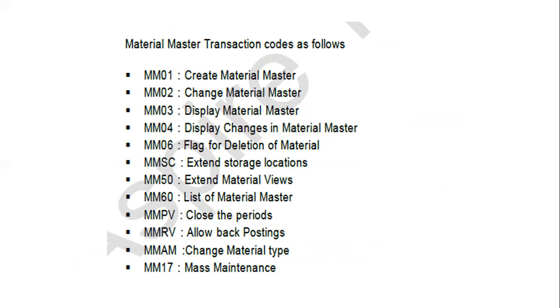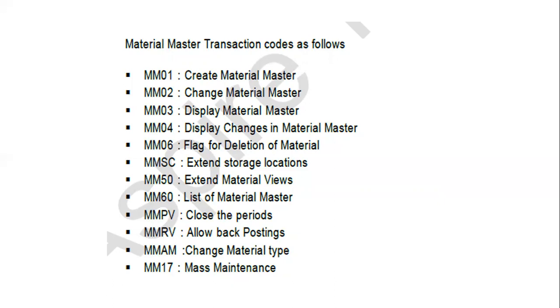We can assign numbers to materials in two ways: external number assignment and internal number assignment. For the creation of number ranges, the path is IMG, Logistics General, Material Master, Basic Settings, Material Types, Define Number Range for Each Material Type. The T code for creating material number ranges is MMNR.